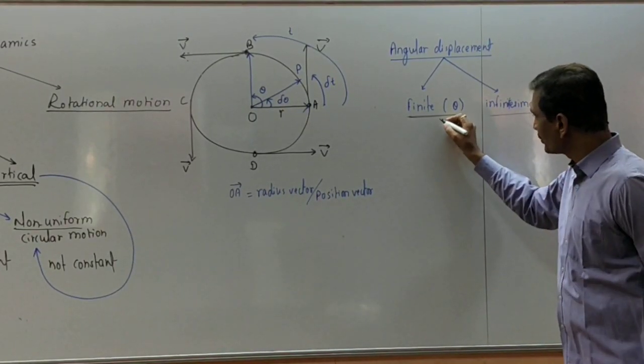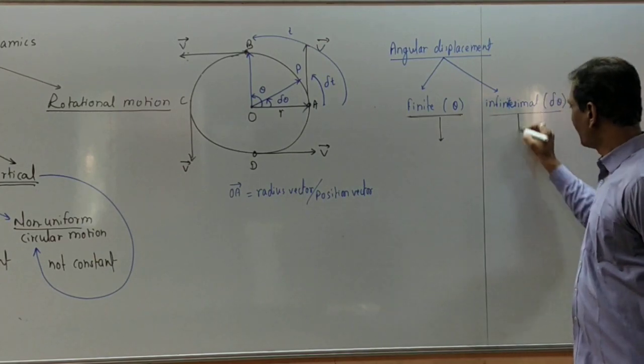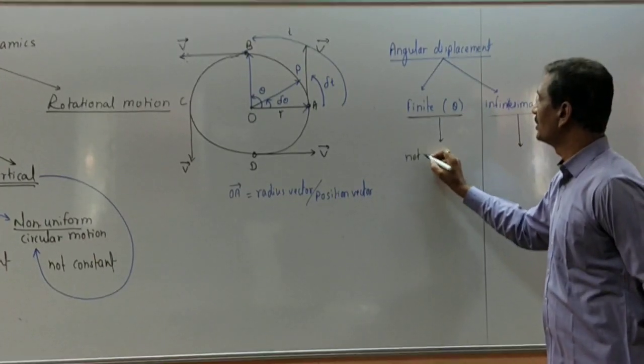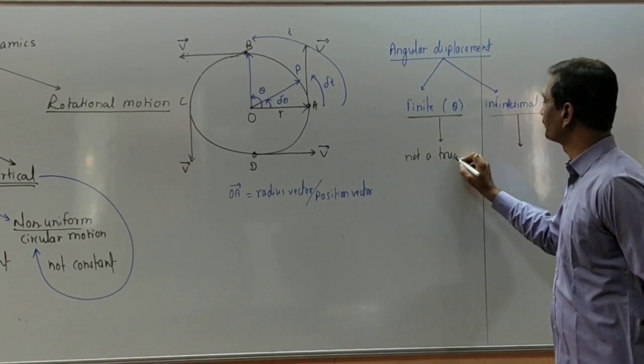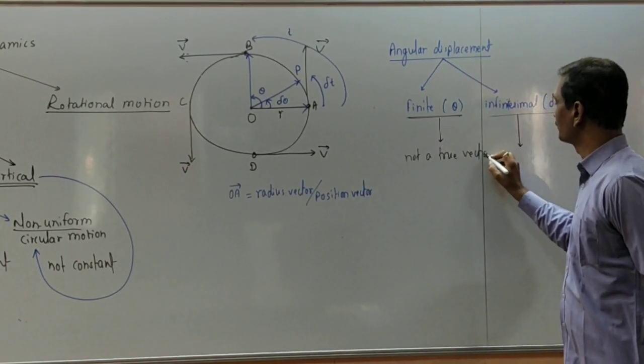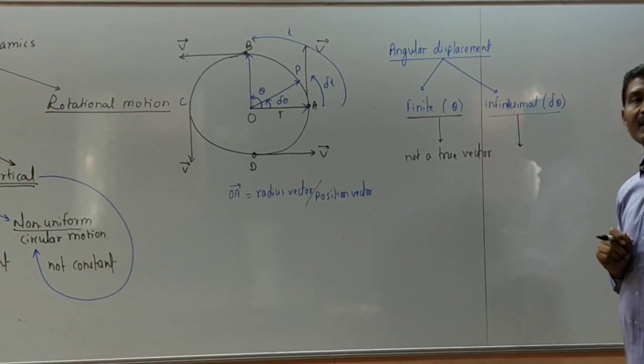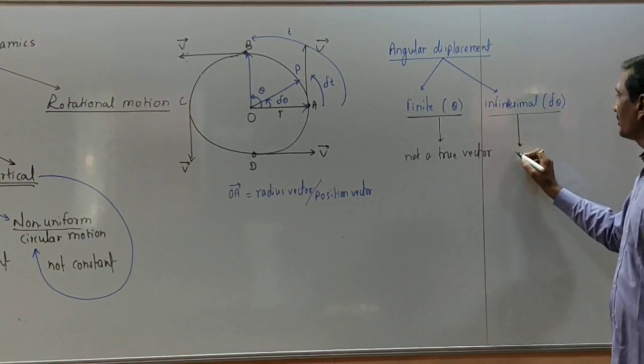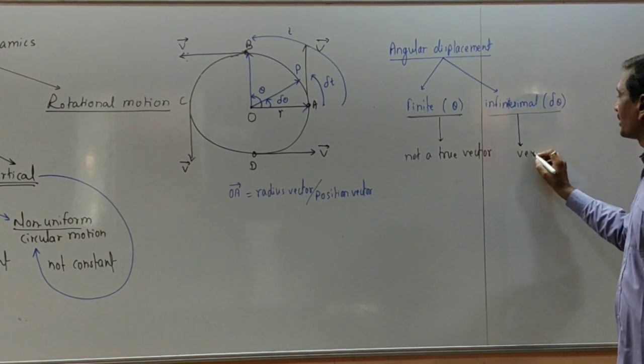The difference between these two is that finite angular displacement theta is not a true vector, while infinitesimal angular displacement is a vector.